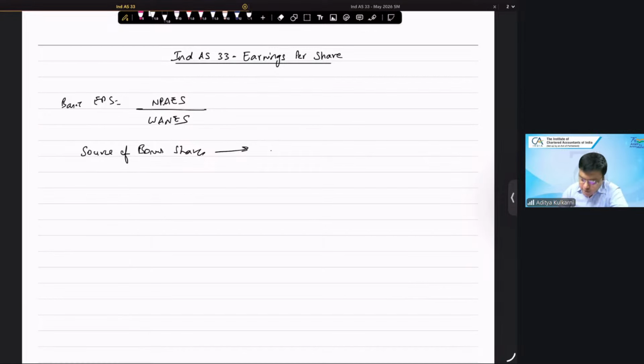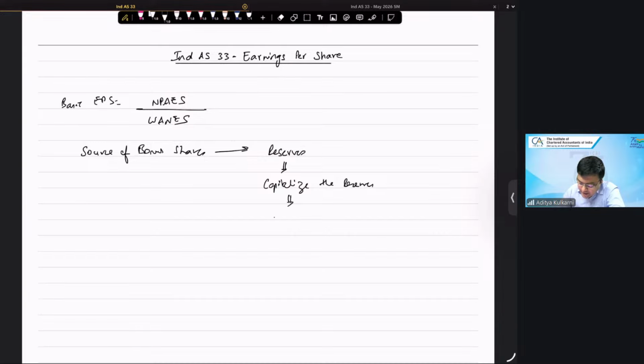Source of bonus shares is reserves. Reserves of the company. Correct. So, in company law terms, I capitalize the reserves. This is known as capitalization of reserves.